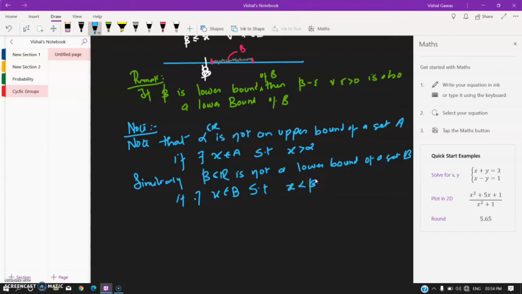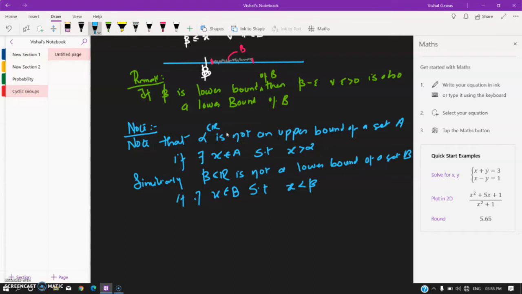You cannot have an element less than the lower bound in the set. Similarly, you cannot have an element bigger than the upper bound. That's the idea we have for upper bound and lower bound, and then we have seen certain examples of lower bound and upper bound.